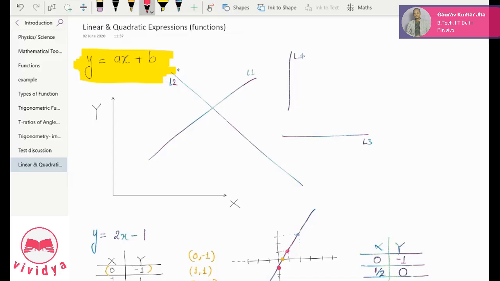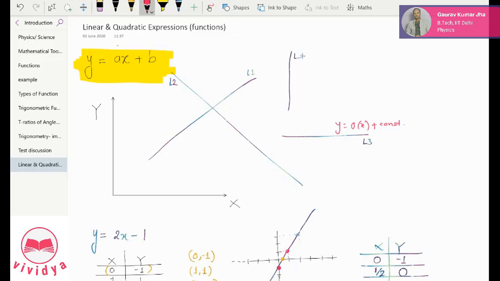That means for these lines, a must be 0, right? If all of them look like ax plus b, for this line a must be 0. So your graph is 0 into x plus some constant, let's say c. Then whatever x you put, the value of y will always be constant. Make sense?